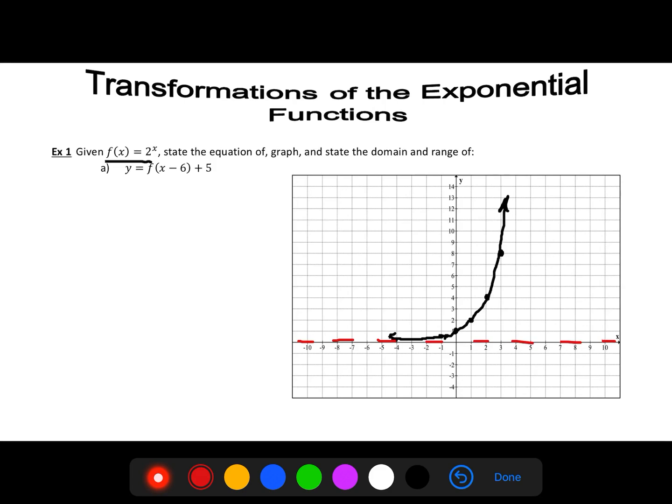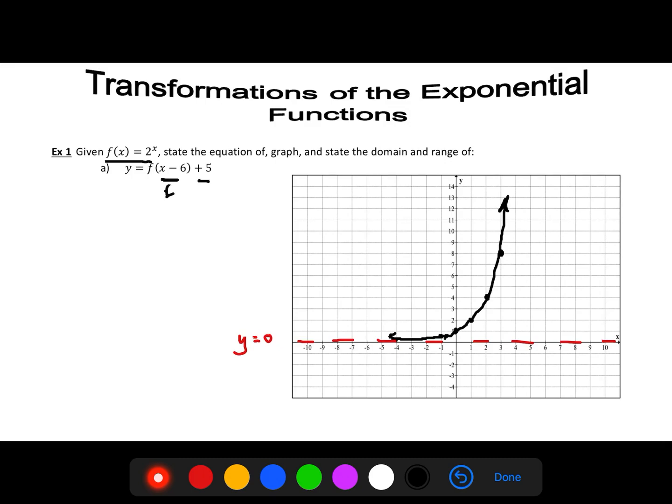It's never going to touch the x-axis, so the equation for our asymptote is y = 0. So we have some key points to think about for our transformations. We can use those points and alter them, or we can also look at points on our graph and see how they are altered.